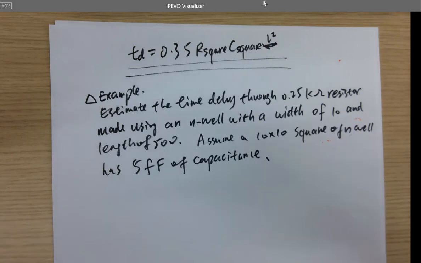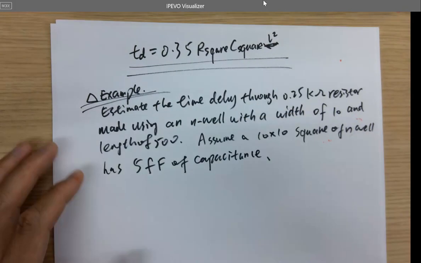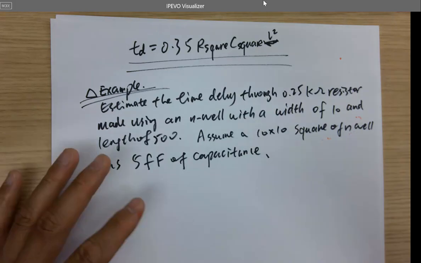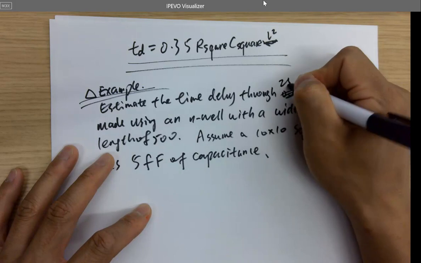Do you need me to let you know the sheet resistances, or you can calculate it from here? Sorry, this is 250K.